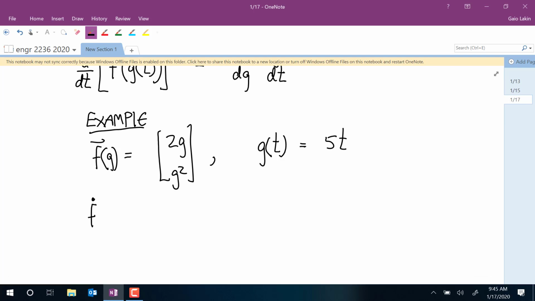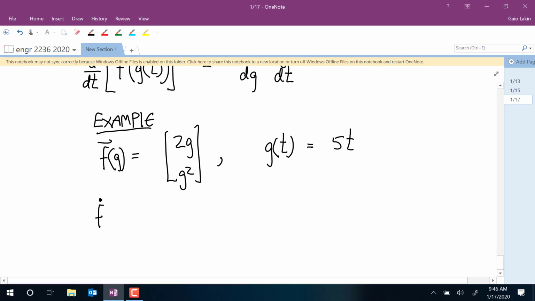So if you want to take the time derivative of f, the first thing you could do is just substitute this in the first place and then take the time derivative. But there are times when it's nice to know how you would do this without knowing this explicitly to start with. So what you would do is take the derivative of f with respect to g times dg/dt.